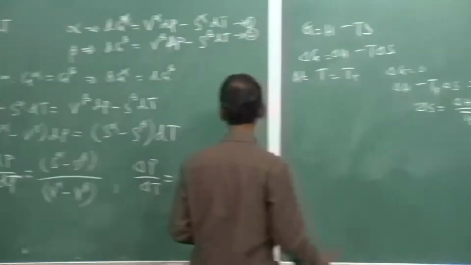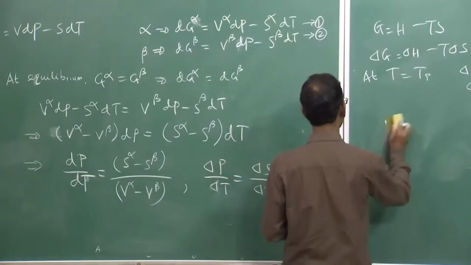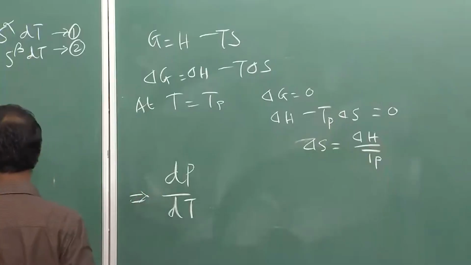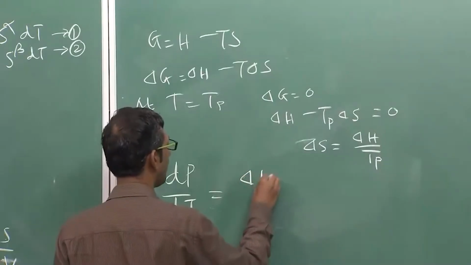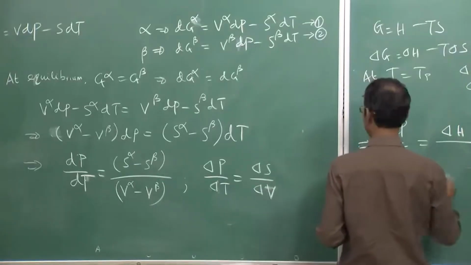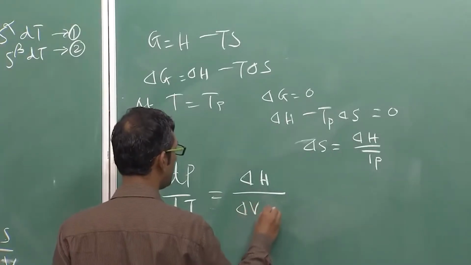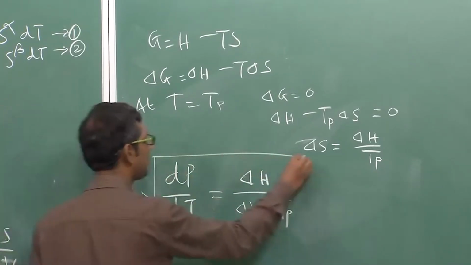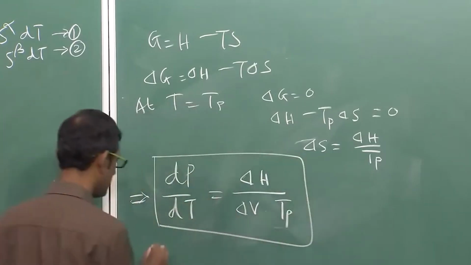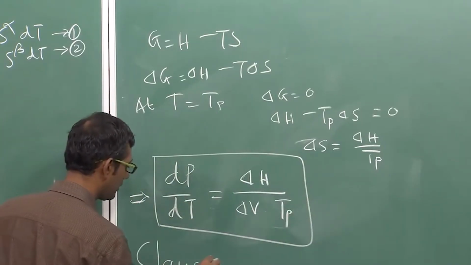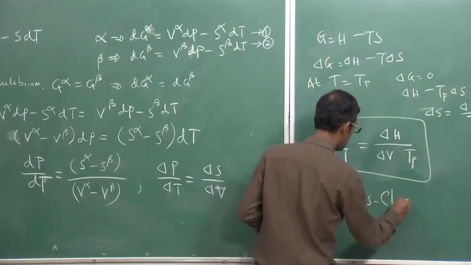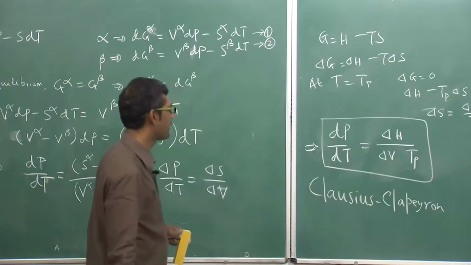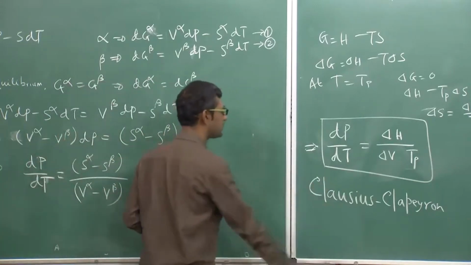So if I plug that in, I get dP by dT, I can use this equation and write delta S replaced by delta H, so dT by dP equals Tp delta V divided by delta H, and this equation is known as Clausius-Clapeyron equation. This tells you the effect of pressure on the temperature.